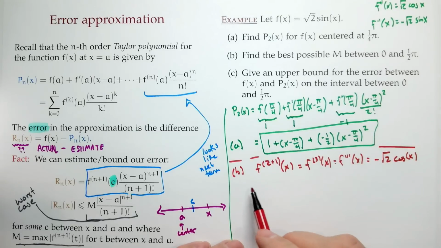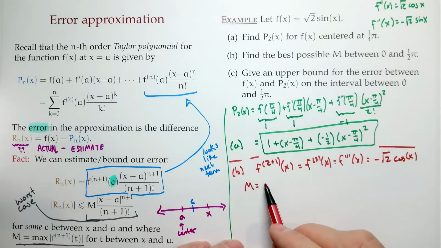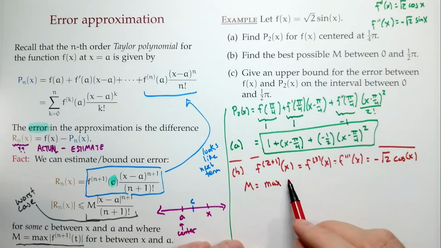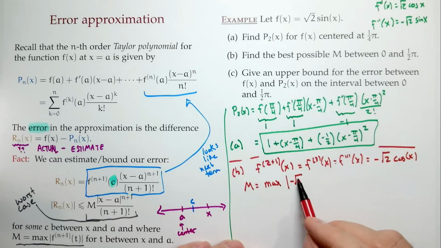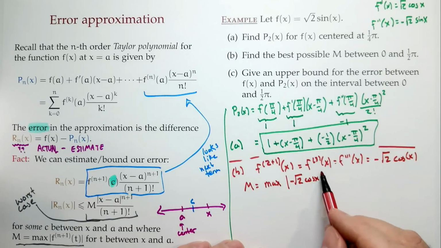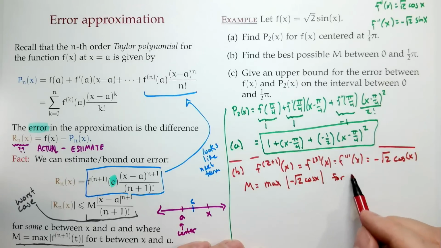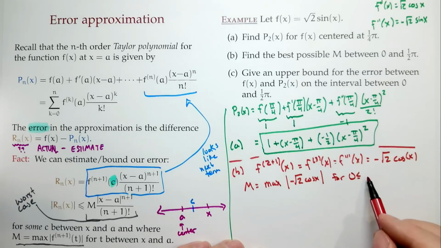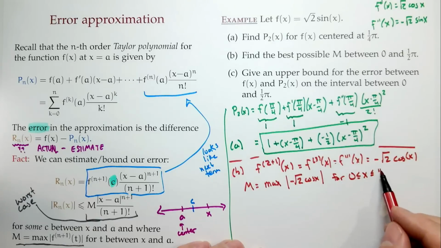So what we want is M, that's how big can this function, minus root 2 cosine x, be for 0 less than or equal to x less than or equal to pi over 2.